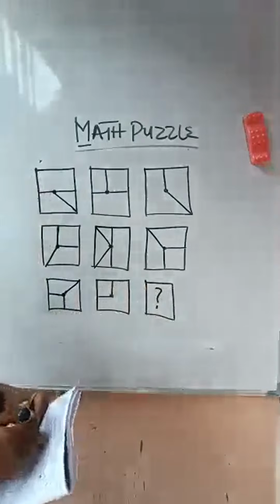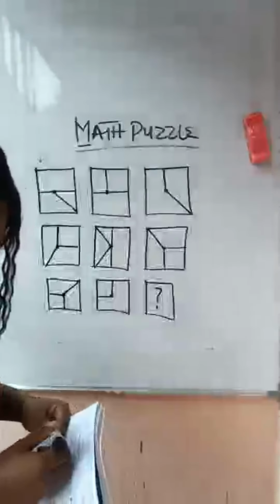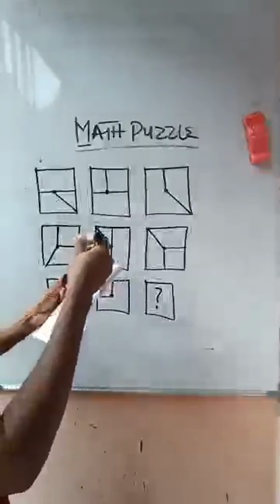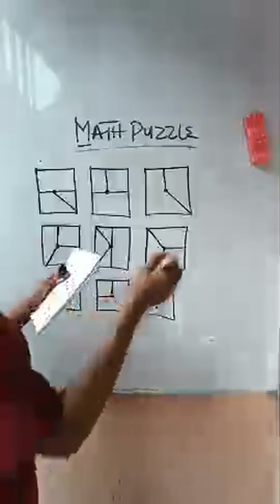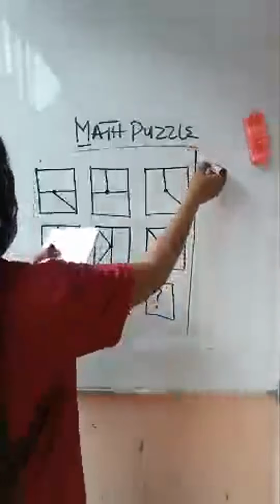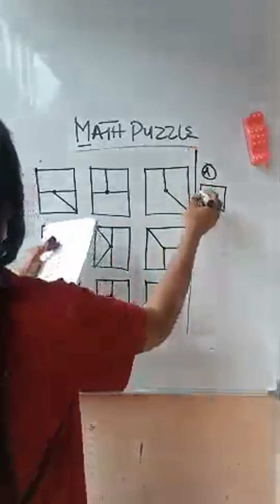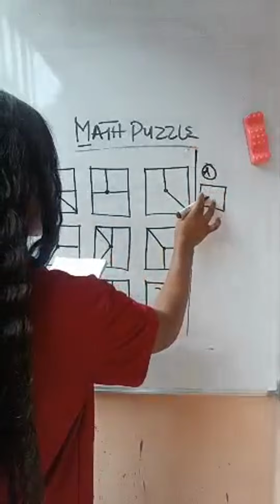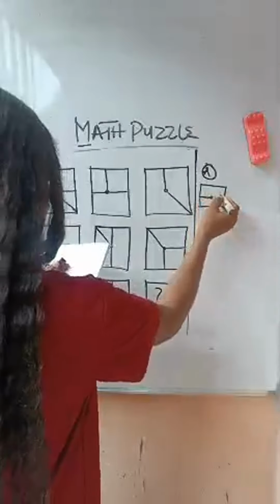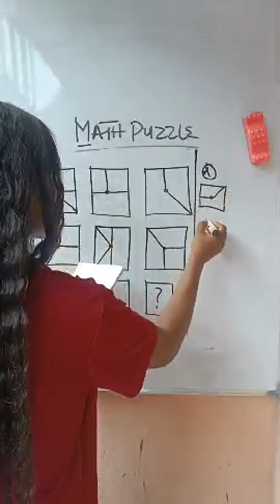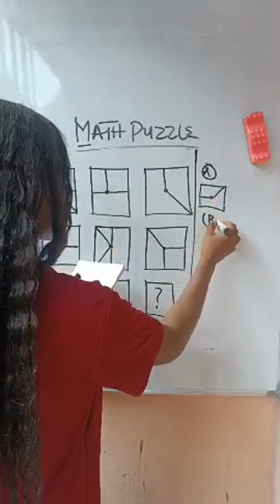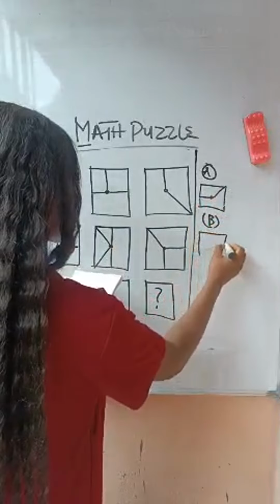Now let me drop the options. Option A, we have this. Option B, we have this.